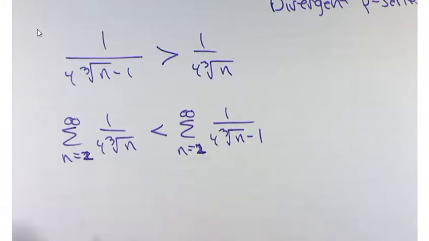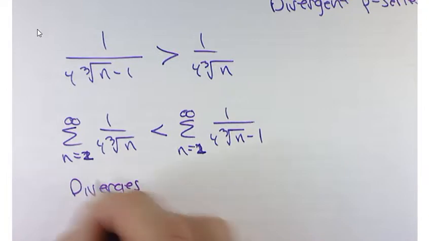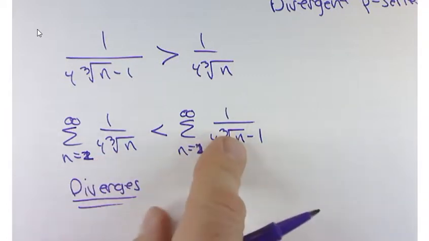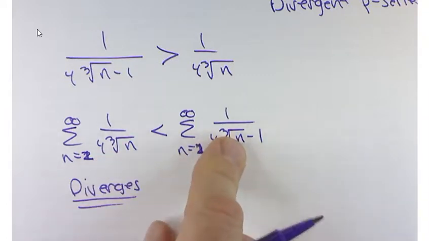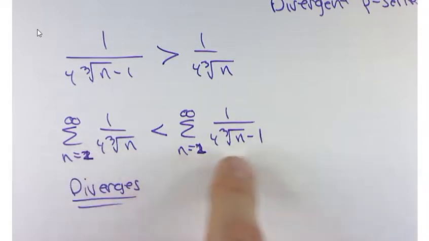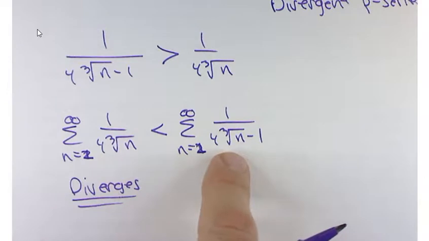But we know that this one diverges. It's a divergent p-series. If this sums up to infinity, could this be finite? If this is summing up to something infinite, could this sum up to something finite? No, it can't. If this is infinity, this has to be infinity. Just no choice.